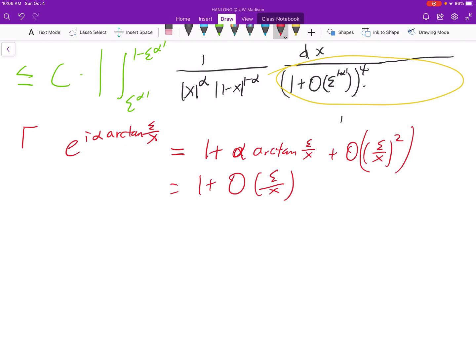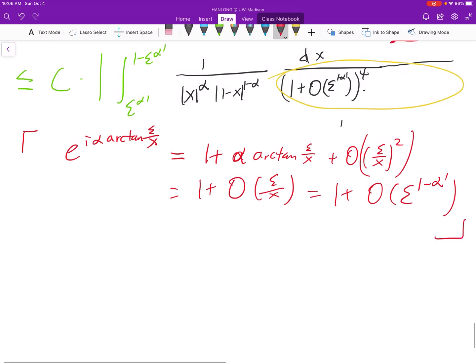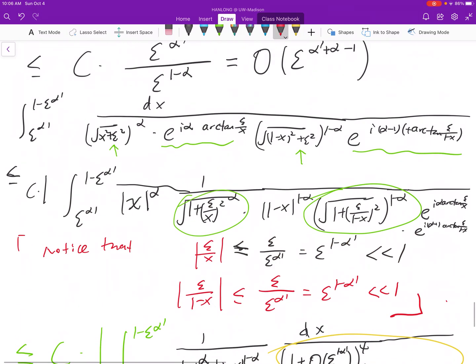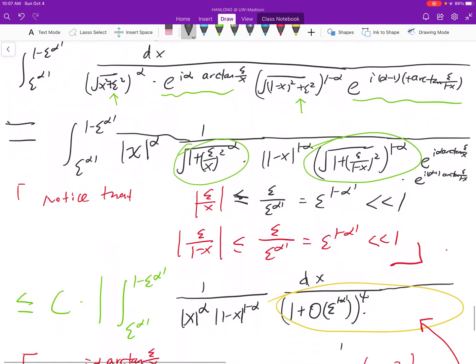And since epsilon over x is of order epsilon to the 1 minus alpha prime, then you have this. Similar for the other part, then you have this. So everything is equal.